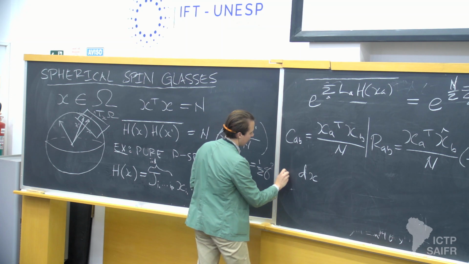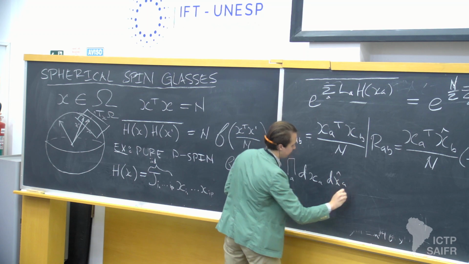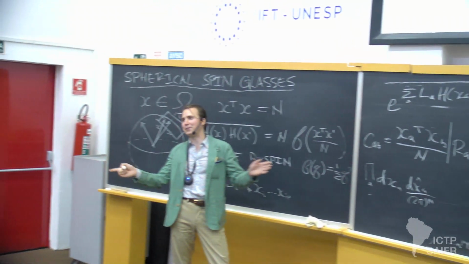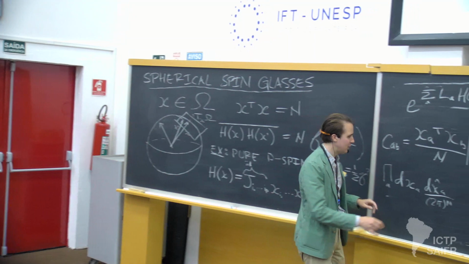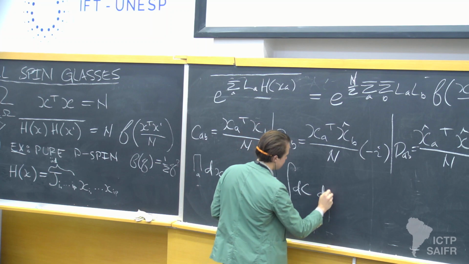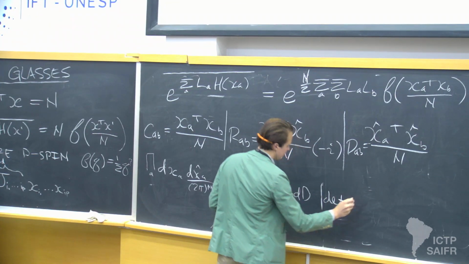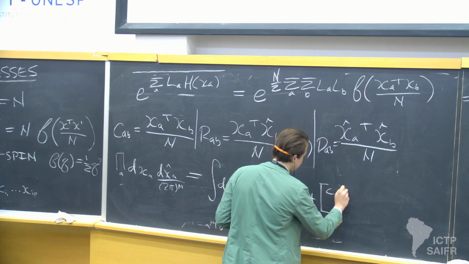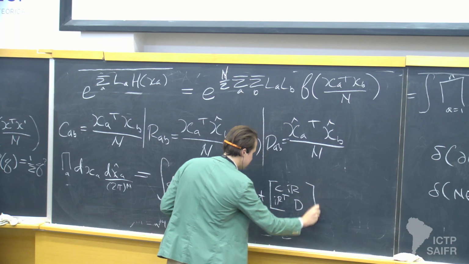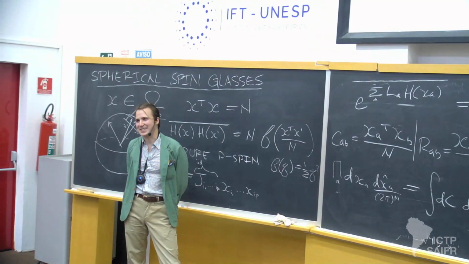The product over all our dx's and our dx hats, even absorbing our 2 pi's, which we might have been careful to include because they're order n, but actually they just get wiped away by this transformation, ends up being the integral over the n by n matrices dC, dR, dD, times the determinant of the Jacobian, given by the matrix C, R, I R transpose D. The absolute value is not so important because this has some nice positivity properties.